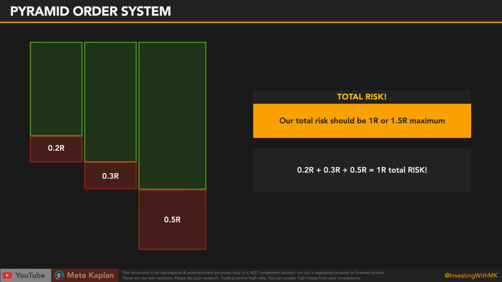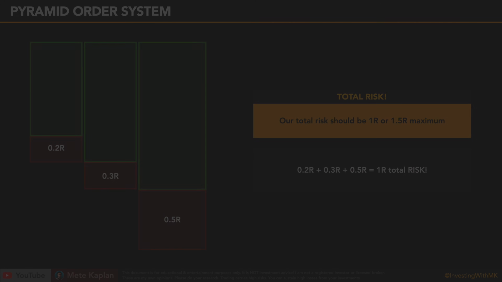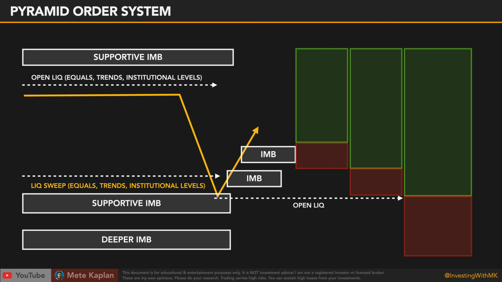This way is much more useful and manageable from the perspective of risk management. So basically, we will use multiple possible entry areas and slowly increase the risk of each position, totaling 1R or 1.5R, depending on your preference.